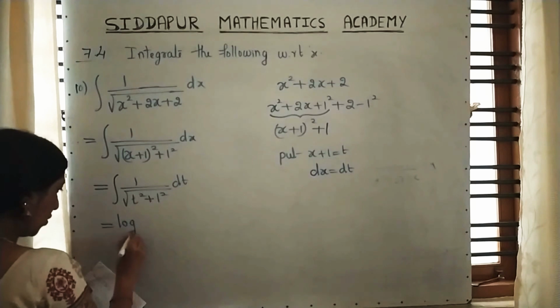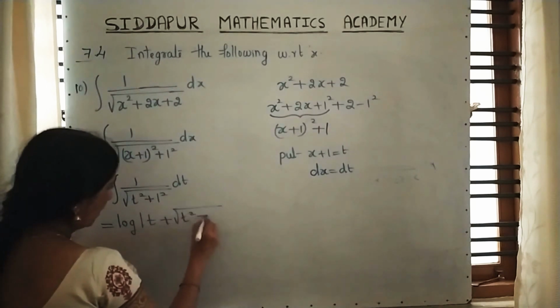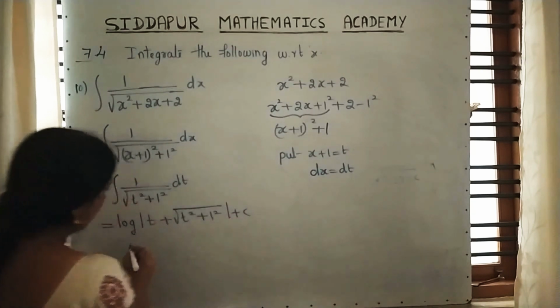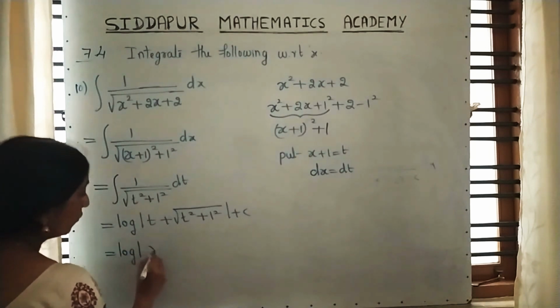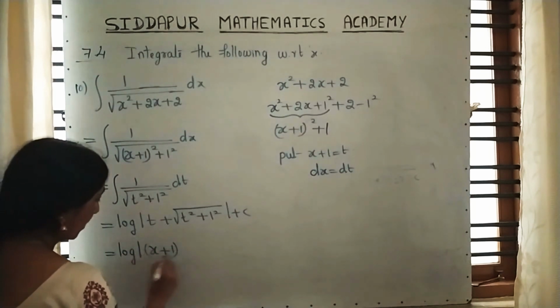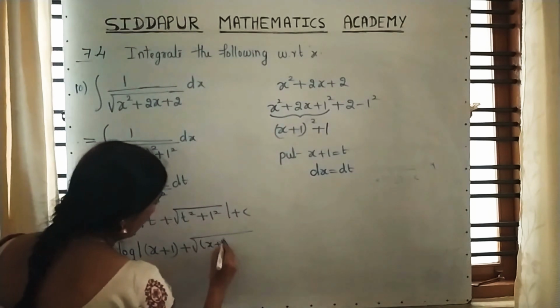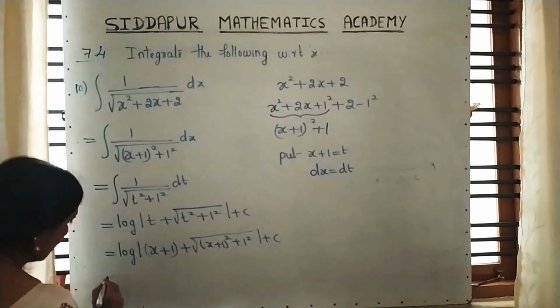It is the log of t plus root of t square plus 1 square. Please keep the formula list with you. It is the log of, t value is x plus 1, plus root of x plus 1 whole square plus 1 square, plus c.